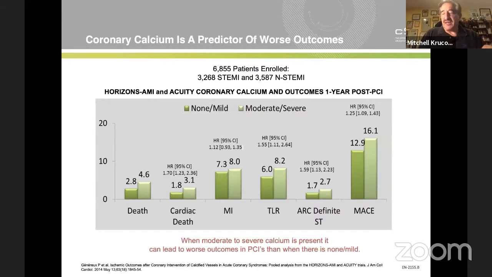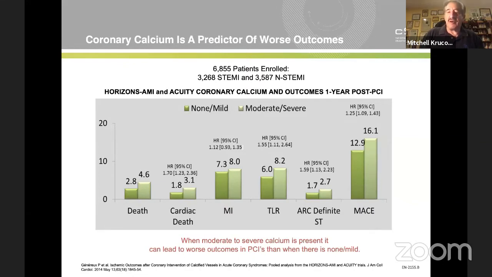The most interesting experience I think that we have from an evidence base comes from Philippe Généreux, who ran the core laboratory for the CRF group during a series of prospective randomized trials, Horizons, Acuity. And these were trials, again, that excluded patients with heavy calcium by their inclusion-exclusion criteria. But that was a judgment made at the site.